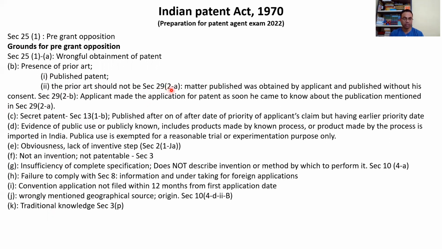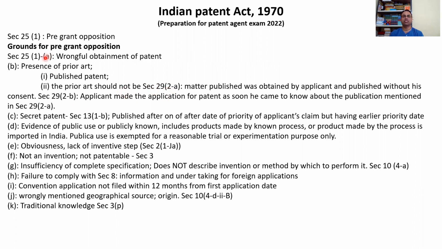So if you read B 1 and 2, in India or elsewhere, provided the ground specified in clause 2 shall not be available where such publication does not constitute anticipation of the invention by virtue of subsection 2 or subsection 3 of section 29. So these are given here. I just made a note out of it, so you need not write this.